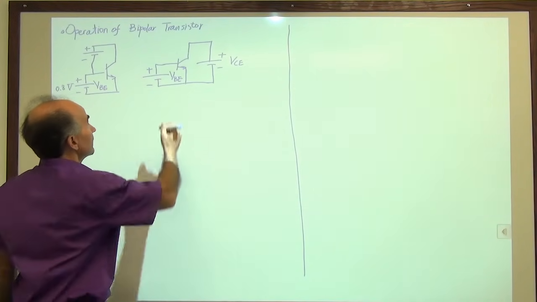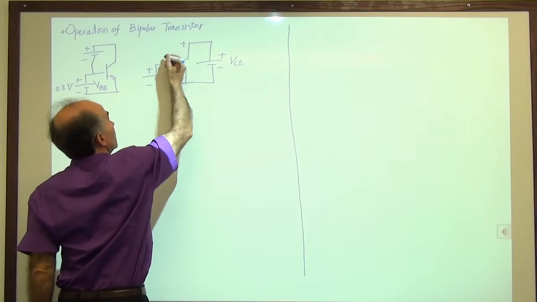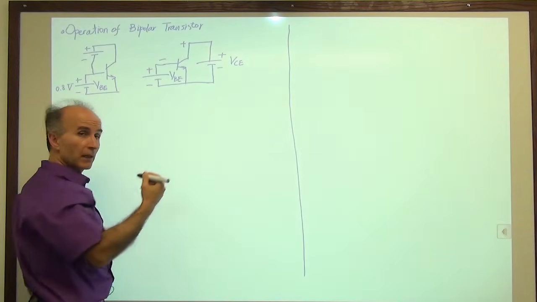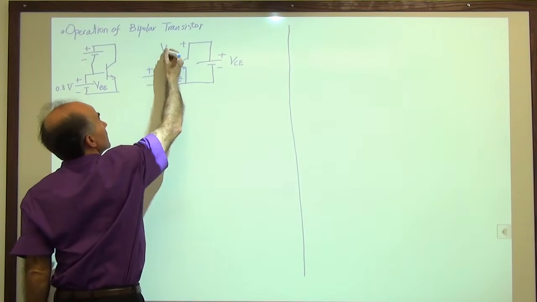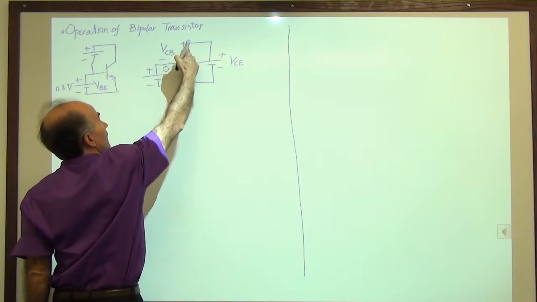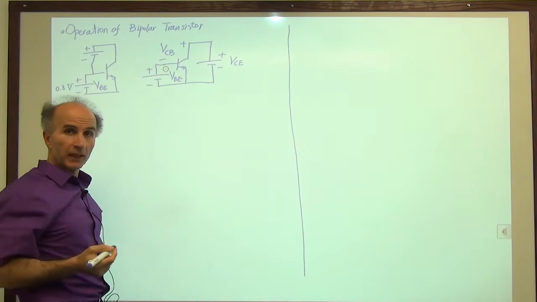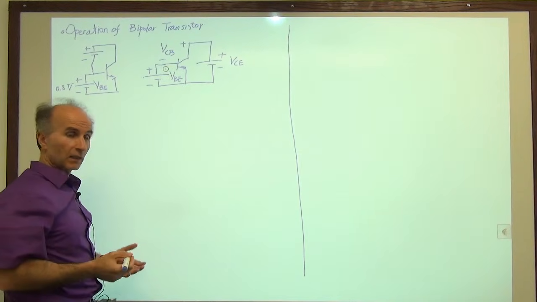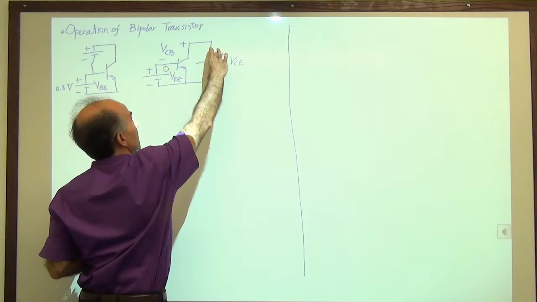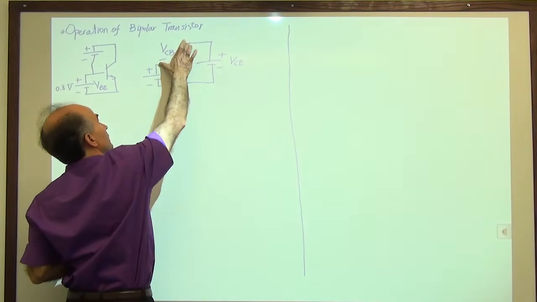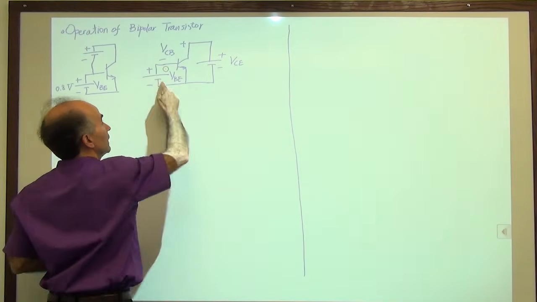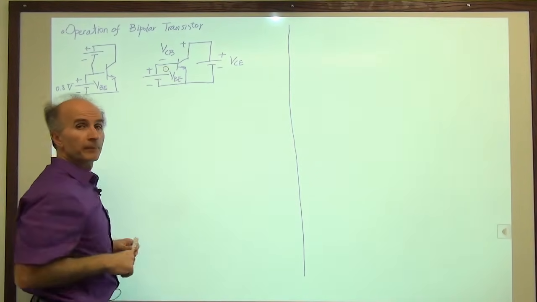What I can say is that this voltage, which is the voltage of interest to me, and I will call it VCB, collector base, can be obtained using KVL. We have VCE, this voltage, is equal to this voltage plus this voltage, right? We have a loop around.